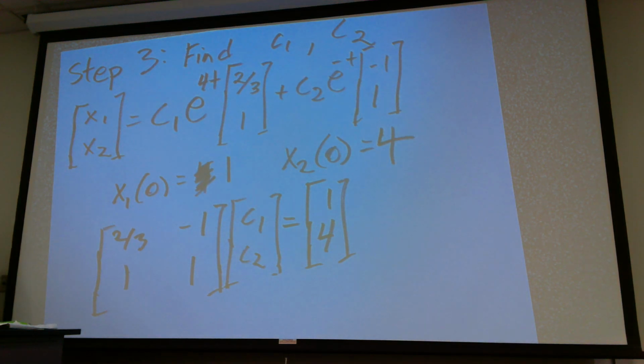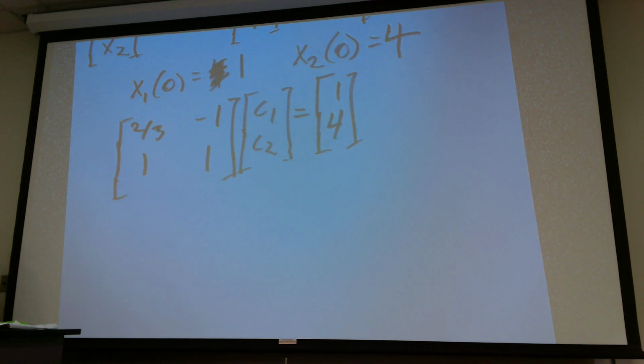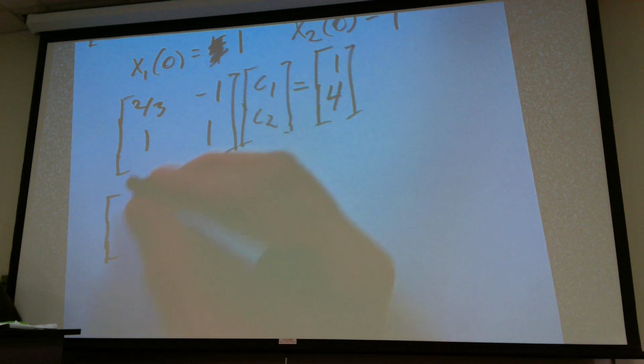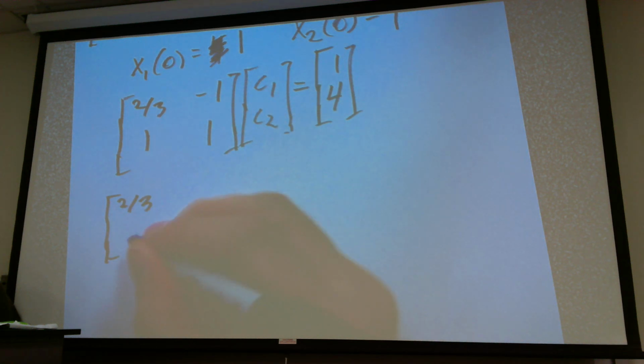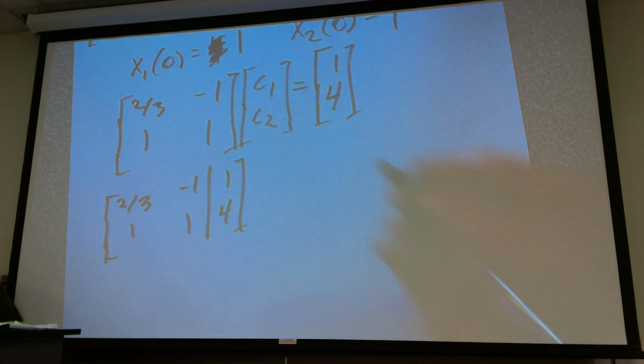All right. Now let's go ahead and write this as an augmented matrix, so we're not writing the C1 and the C2 so many times. So that's 2/3, 1, negative 1, 1, augment, 1, and 4. All right. So let's take this top guy, let's multiply by negative 3 divided by 2 and add downwards.